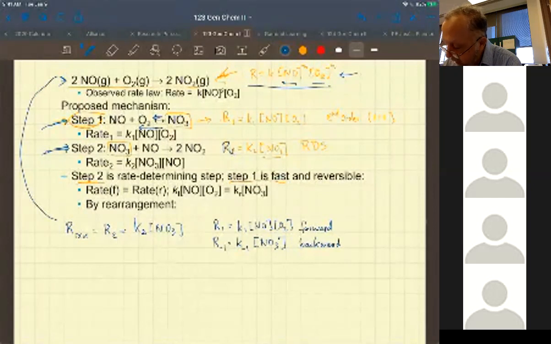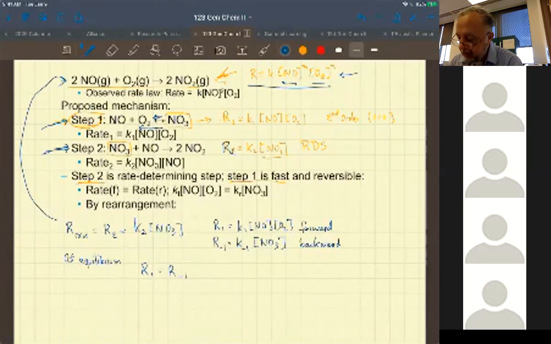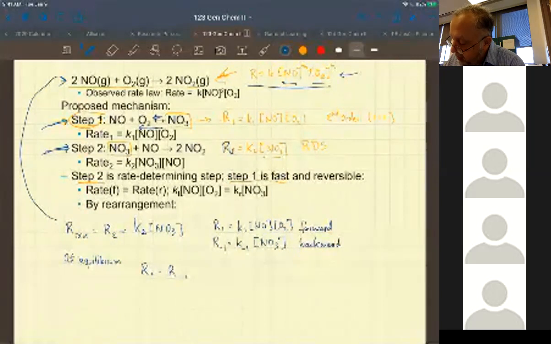So at equilibrium, the reaction going forward, R1, is equal to R-1, meaning that it's going to reach what is called a steady state. That means the NO3 is going to build up to a point where the reaction going backwards is as fast as the reaction going forwards. The reaction going backwards, remember, is proportional to the concentration of NO3.